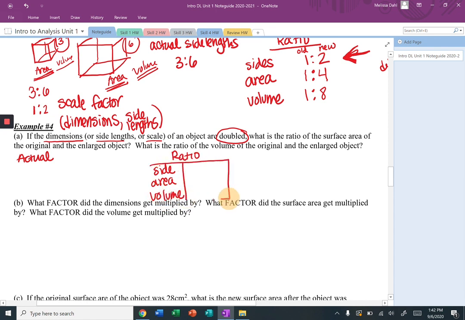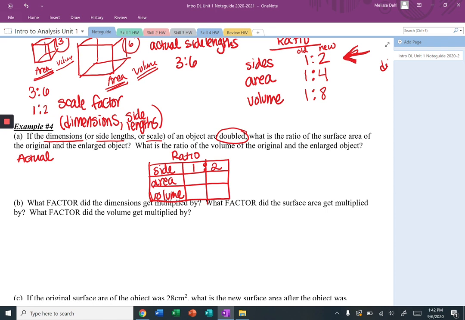So I'm going to use this kind of like chart just to organize my information. So when they tell me the dimensions are doubled, I don't know what the original side lengths are, but I know if this one was a 1, then this one was a 2. Whatever the original side lengths were, when you reduce it down, 1 to 2 is the ratio for doubling.